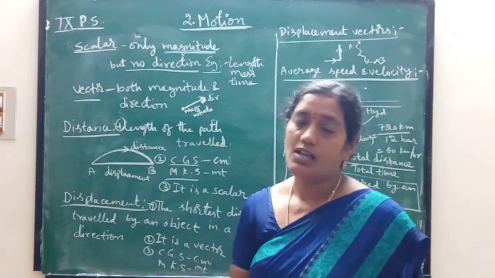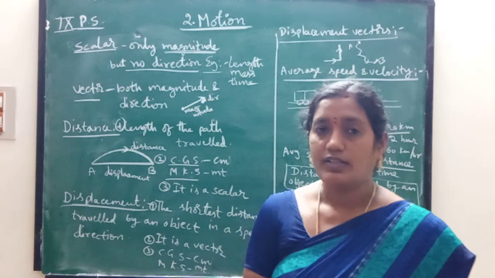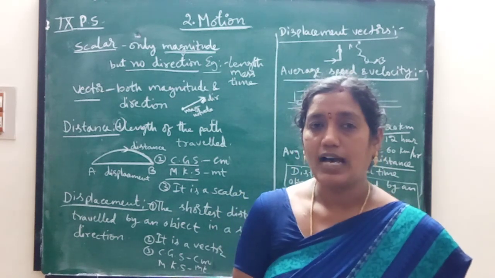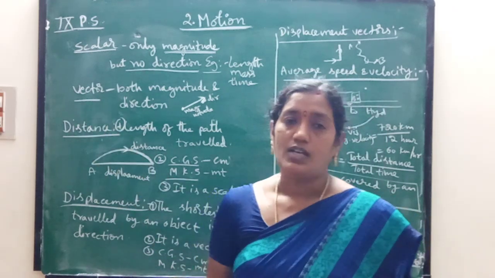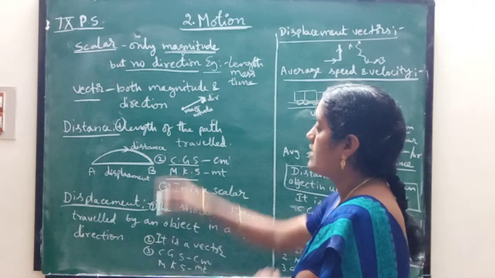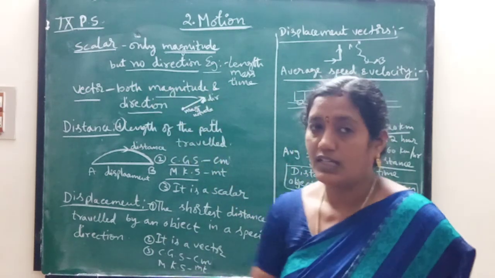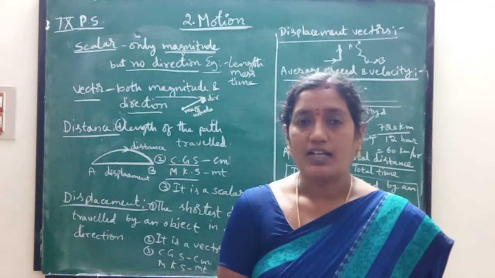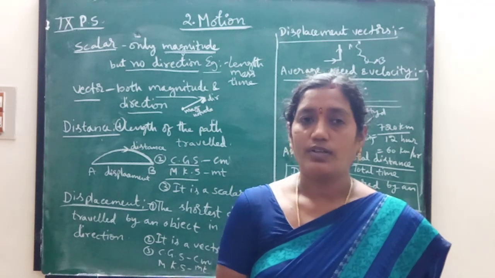Next, what is a vector quantity? A physical quantity which has both magnitude and direction is called a vector quantity. Here some magnitude is there and definitely we want a direction for this vector quantity.